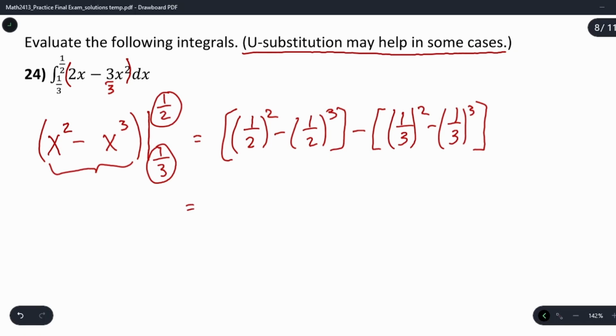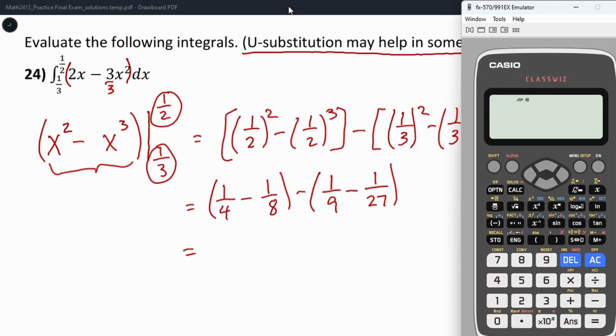And then to work that out, you can either do it manually or electronically. I'll show the steps. 1/2 squared is 1/4. 1/2 cubed is 1/8. Minus, 1/3 squared is 1/9. 1/3 cubed is 1/27. And then I'm going to pull up my ClassWiz for help.